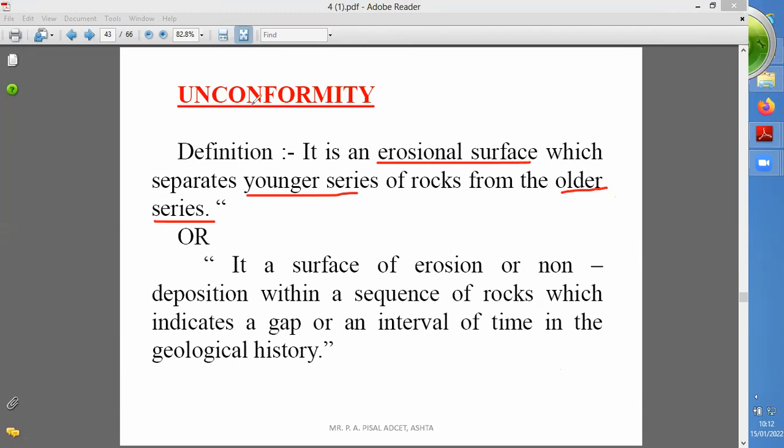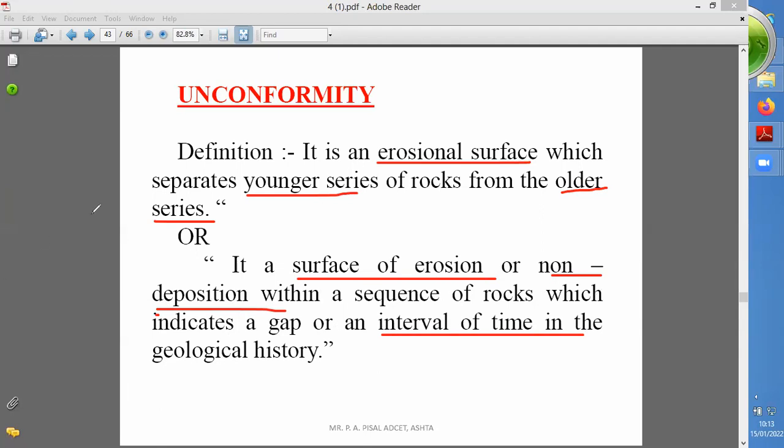Now, I will explain how. But first we will see the second definition of the unconformity. It is a surface of erosion or non-deposition within a sequence of rocks which indicates a gap or an interval of time in the geological history.